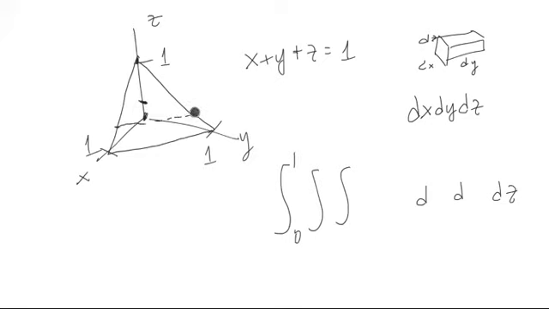Now what's happening here with the volume? Well, the cross section of the volume is actually a whole flat area here. So as we're going upward in z, we take a look at a cross cut of the volume. Instead of a cross cut of the area, we're looking at a cross cut of the volume. The cross cut is going to look like a triangle, just like we have here.